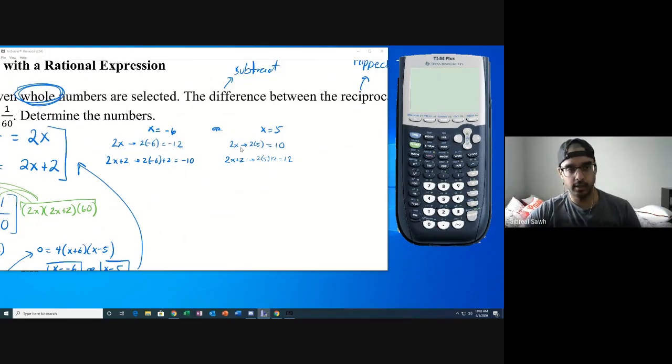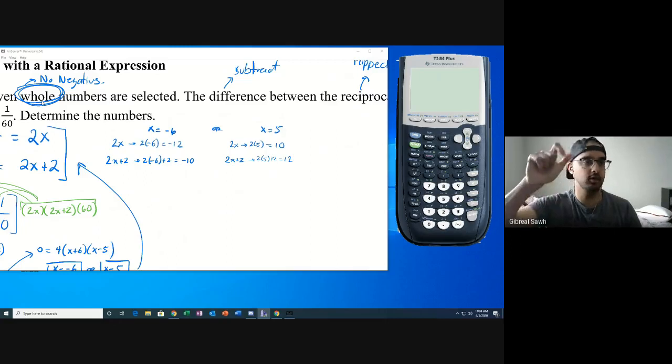Okay, whole numbers don't include negatives. So these are no negatives. It's only your counting numbers, essentially. So 0, 1, 2, 3, 4, 5, all the way up. No negatives at all. So I can't actually use -6 here, because that's going to give me two consecutive even numbers, but they're negative, and I can't have that.